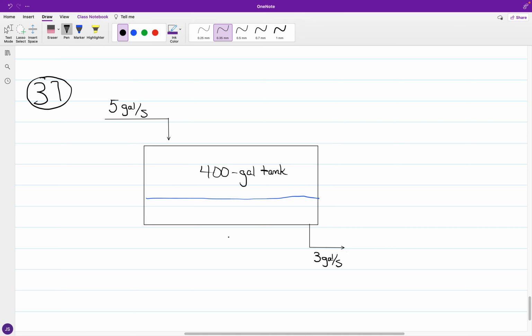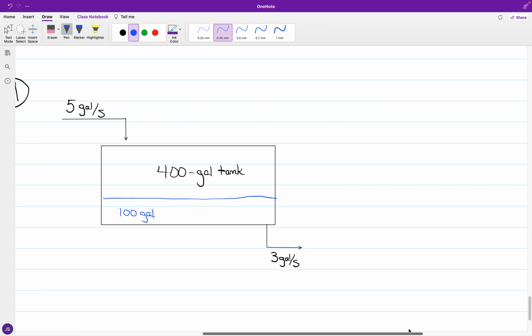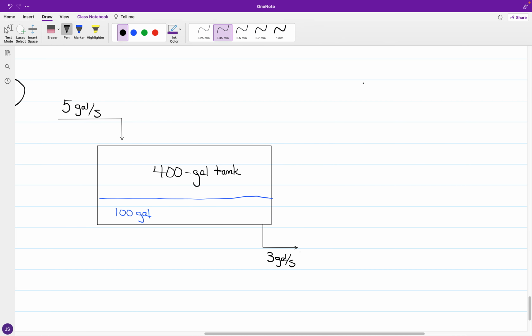Okay, so you're starting out with 100 gallons of solution inside of this 400-gallon tank. And now we're looking at the concentration of salt.